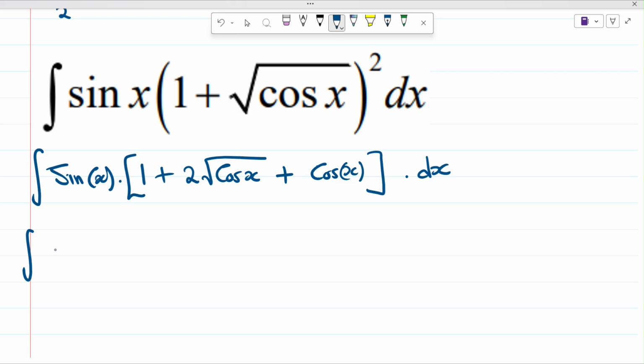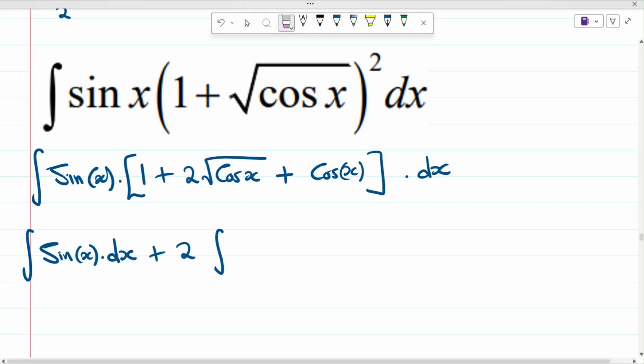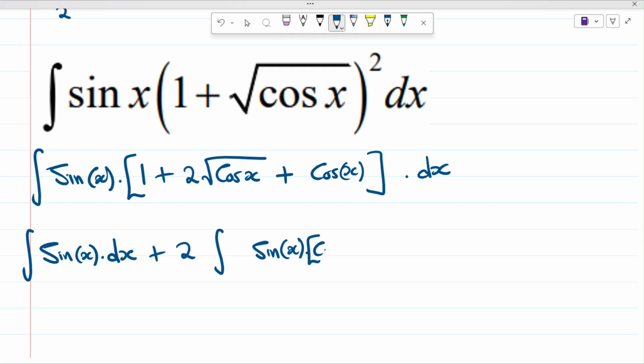So I'll end up getting just the integral of sine of x dx plus 2 into sine of x. I'm also going to change this cos, so I'm going to write cos of x to the power half.